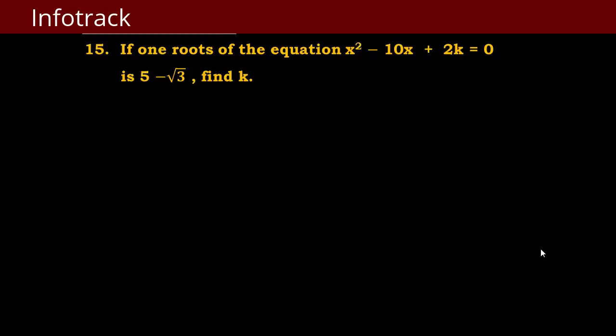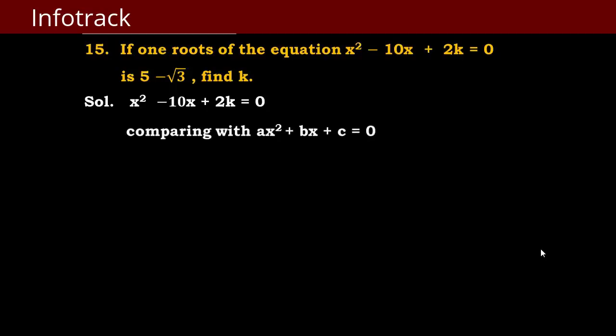The given quadratic equation is x square minus 10x plus 2k is equals to 0. So comparing with the standard form ax square plus bx plus c is equals to 0, a is equals to 1, b is equals to minus 10, c is equals to 2k. See here student, the constant is 2k.